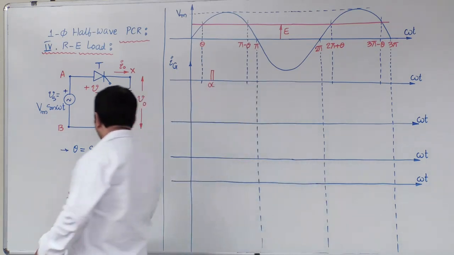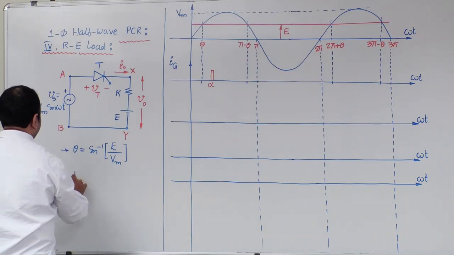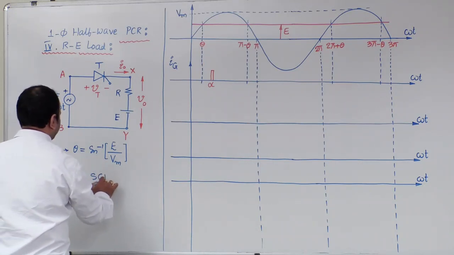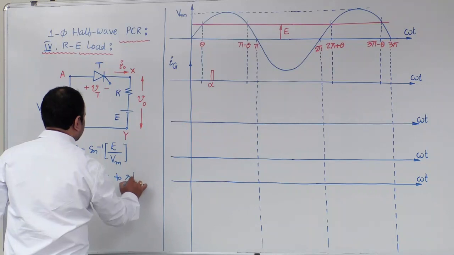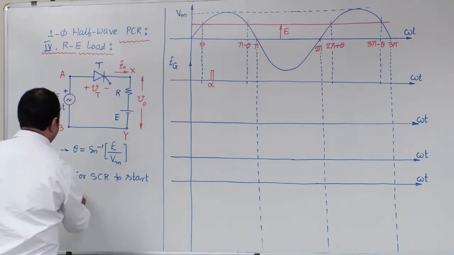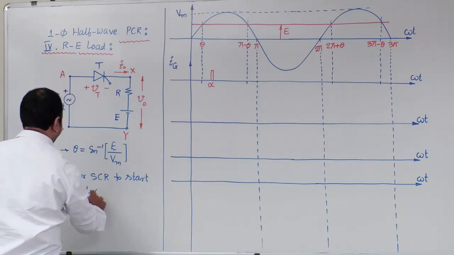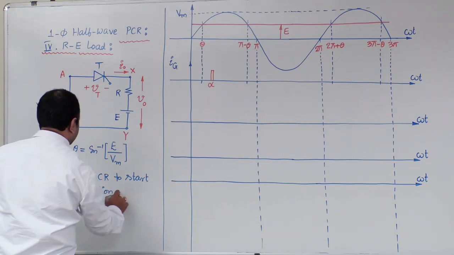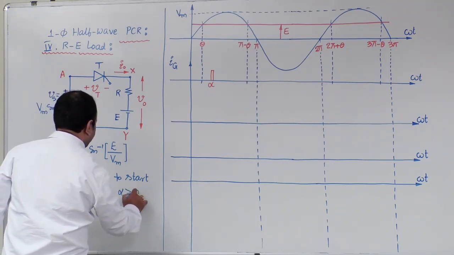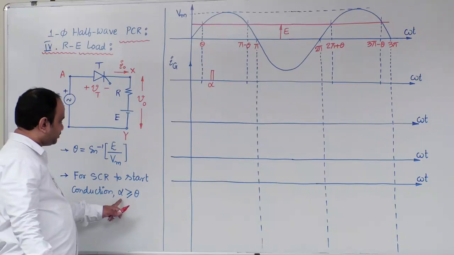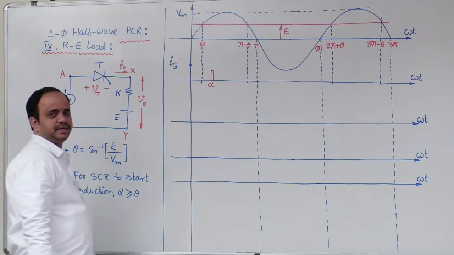Therefore, with that statement, what we can write here: for SCR to start conduction, the condition is alpha should be greater than or equal to theta.